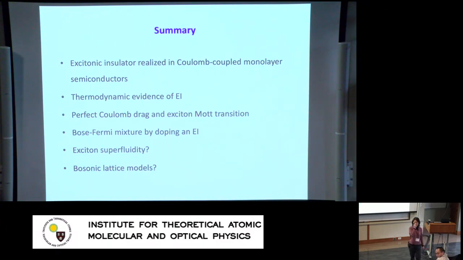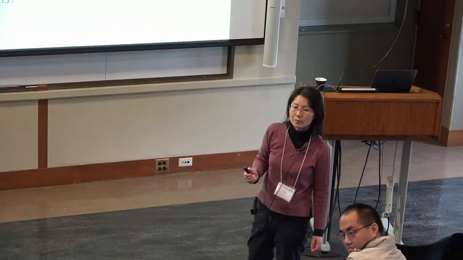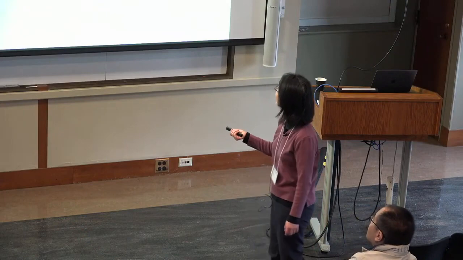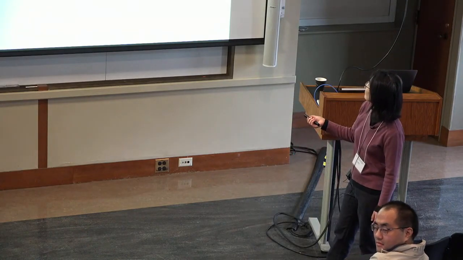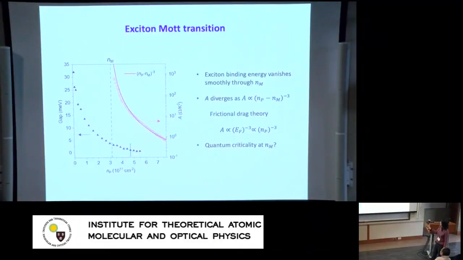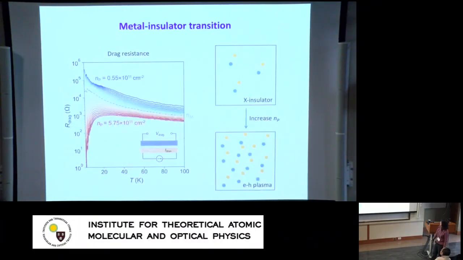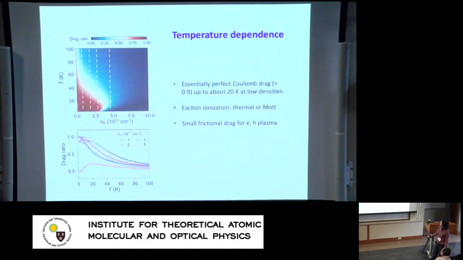Can you show the temperature density phase diagram for the drag again? For the one slide back, the temperature versus density drag.